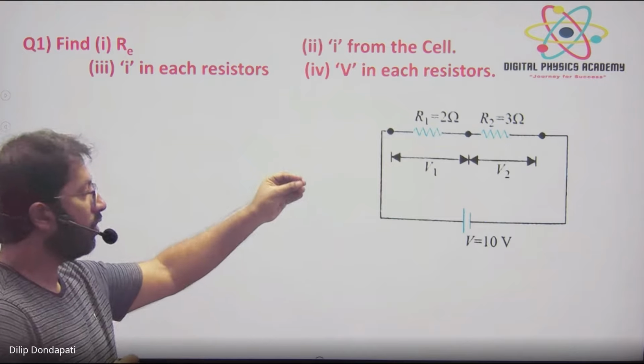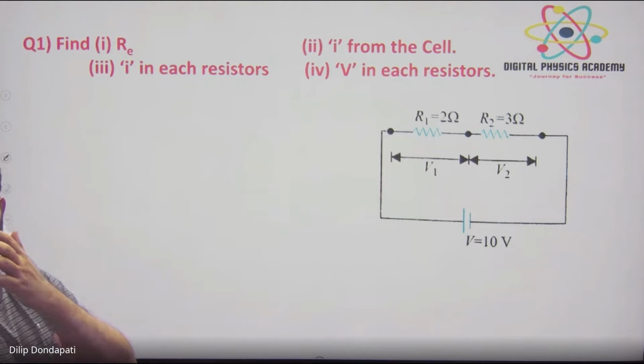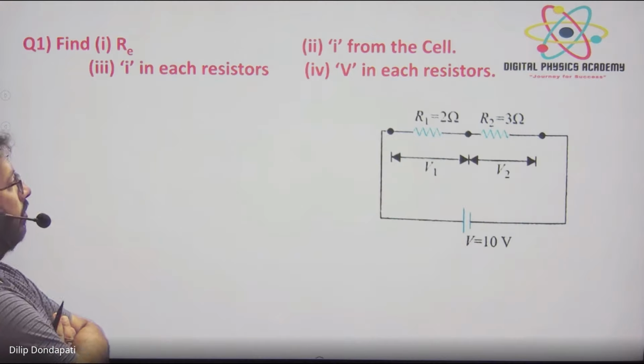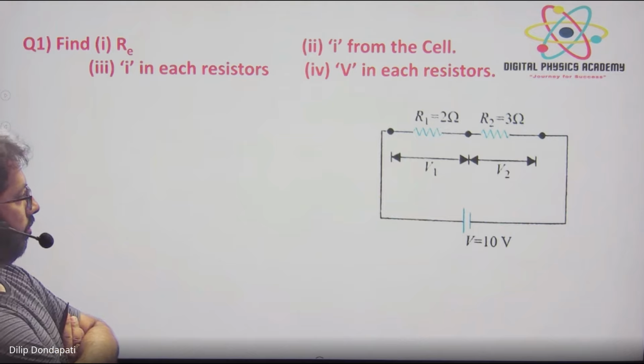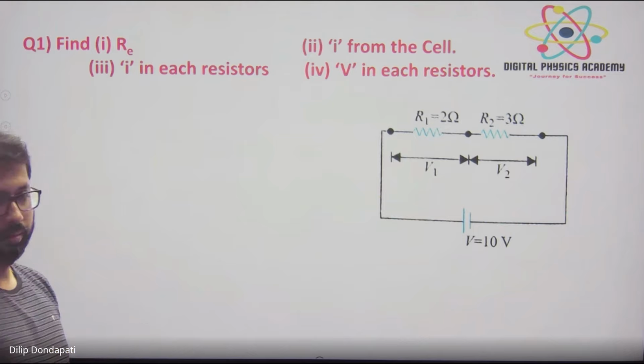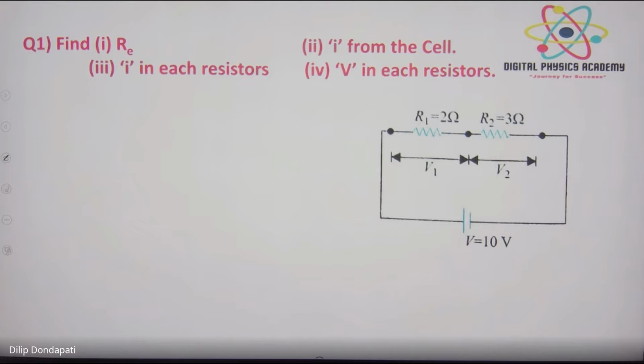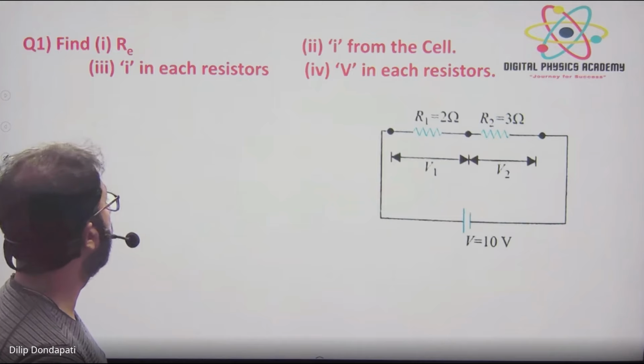One voltage and one resistance will be there, then only you can find current. Always. R equivalent is 5, I is equal to 2. I from the cell is also 2, and V in each resistor is 4 and 6.